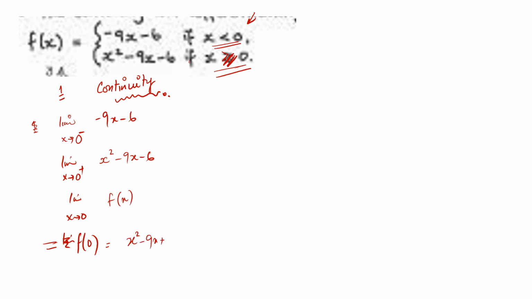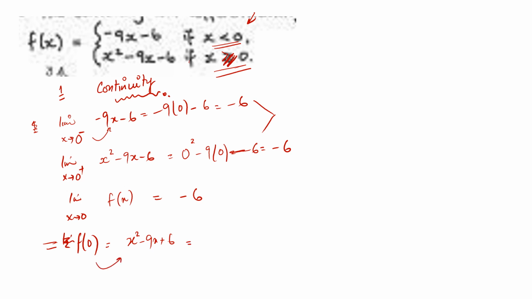Let's check the continuity. Apply the limit: in place of x, write 0. We will see it equals negative 6. In the second equation, 0 square minus 9 times 0 equals negative 6. So again, it is also equal to negative 6. Since both of them are negative 6, my limit from both sides is also negative 6.